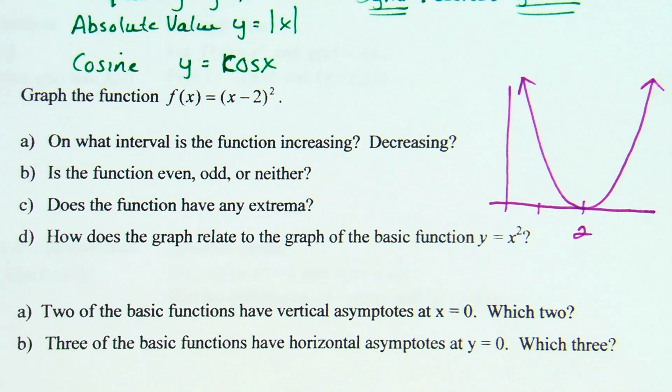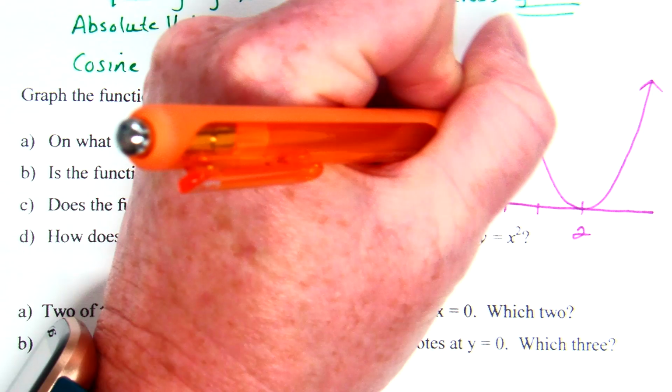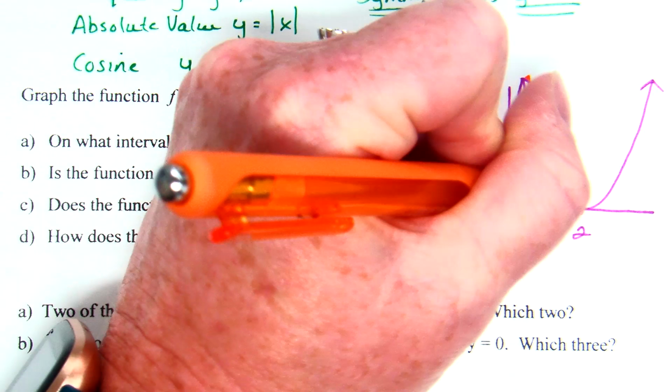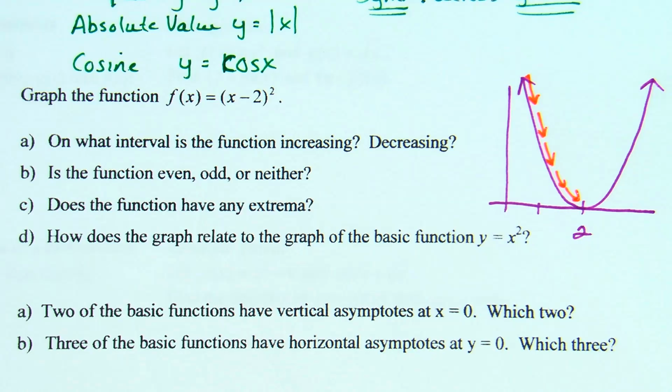Connor? So first thing we're going to do, if you start on the left side of this graph and we move from left to right, this graph is going down, isn't it? Okay, so that graph is going down as we move across the graph from left to right. So that is my decreasing section.